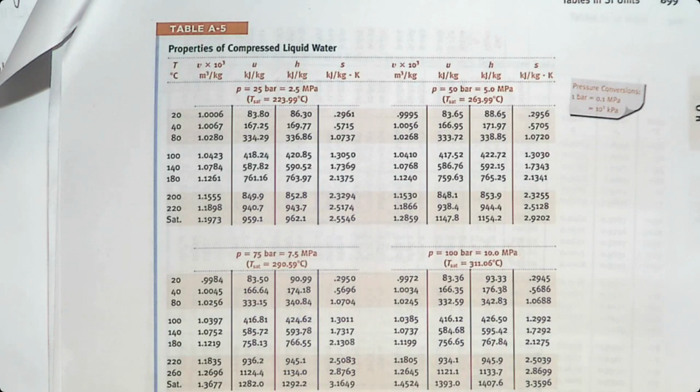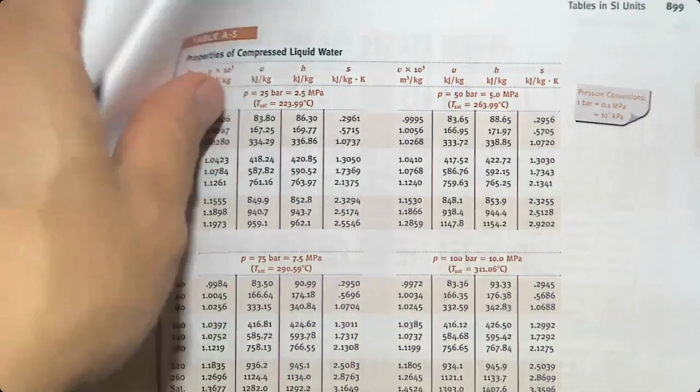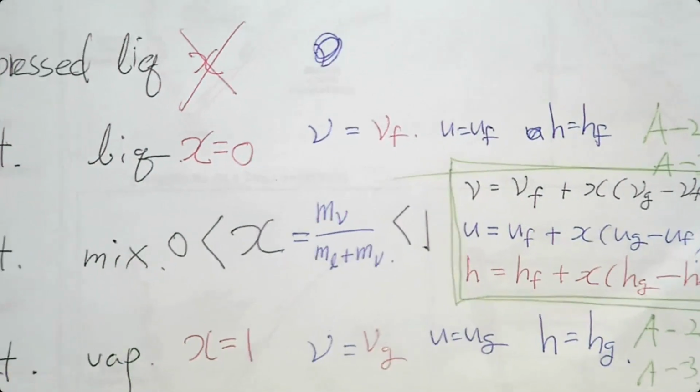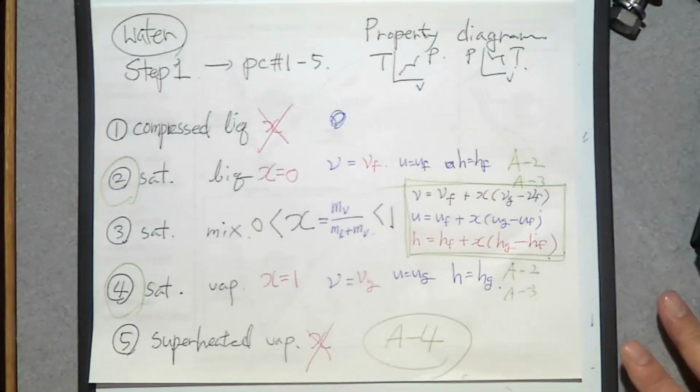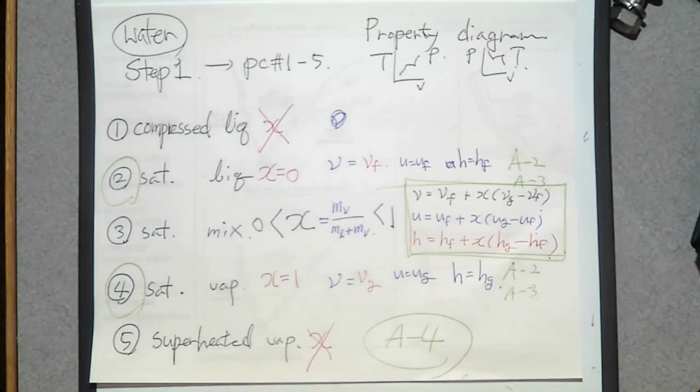What do you mean, negligible? Is there any property table that we can use for a liquid? Yeah. What table? This is not the only liquid table. There's a saturated liquid table. So why don't we have a table for low pressure? At low pressure, we assume that there is no difference between these two.